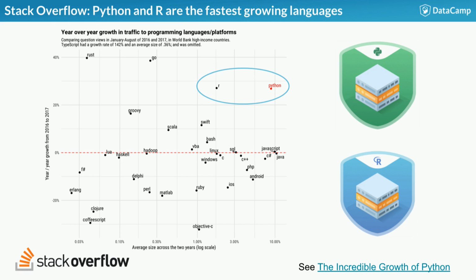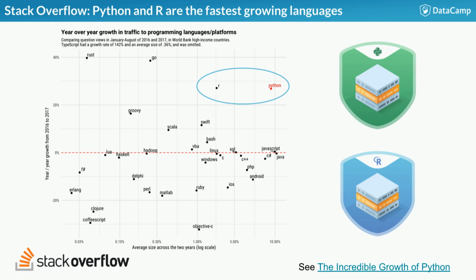Our chief data scientist, Dave Robinson, used to work there, and he did some really interesting work on the popularity of software languages and platforms. And what he used as a proxy for popularity is really the number of visits to Stack Overflow questions with certain tags. So a tag could be Python or R or Scala or so on.